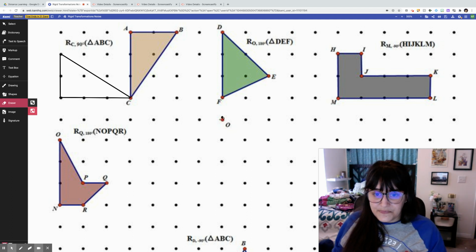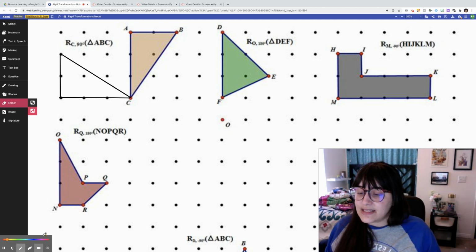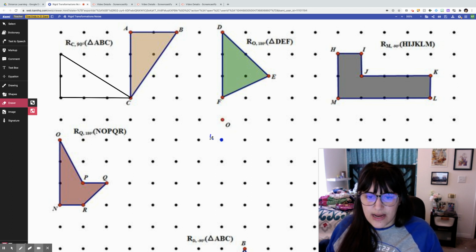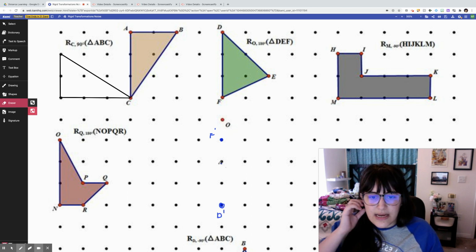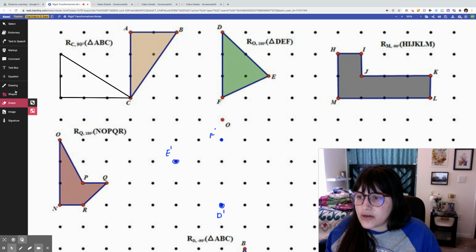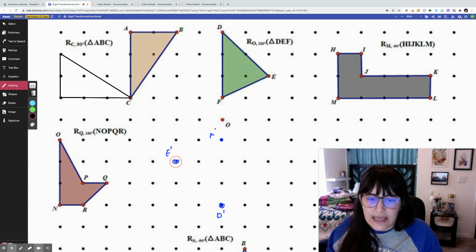Okay, so here, after I rotated this, point F was right here. Point D was down here. And then point E was over here. So let me turn on my Cami drawing tool with my lines and I can connect those. Oops, hold on.